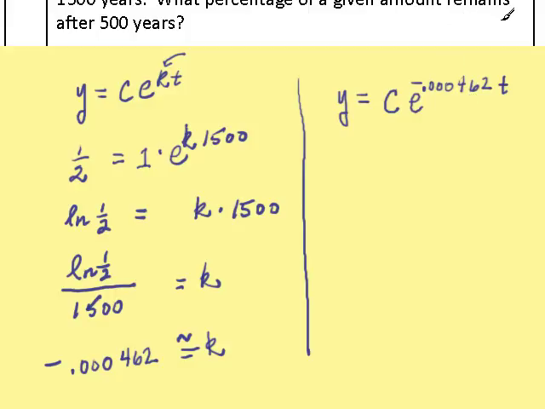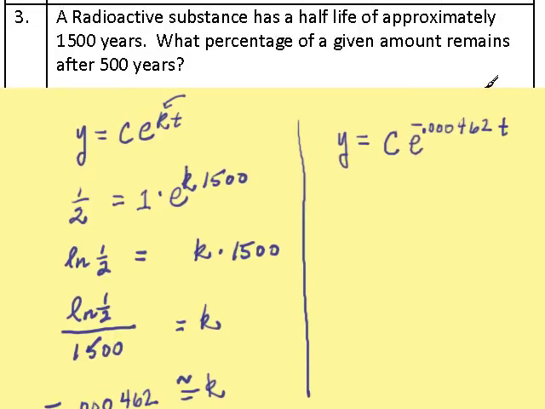And now we want to answer the question, what percentage of a given amount remains after 500 years? So let's just substitute in t equals 500. And we have y equals c times this, raised to 500.